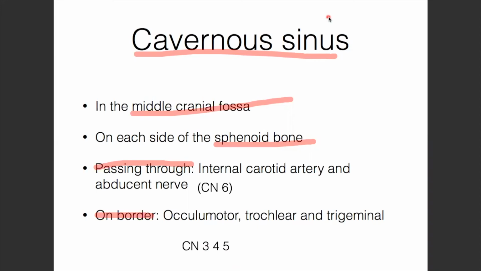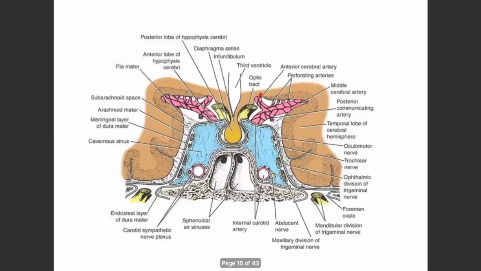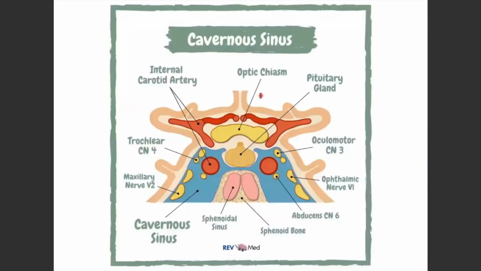Okay, keeping that in mind, let's take a better picture. This one's better. Let's look at this picture. The cavernous sinus is on this side and this side of the sphenoid bone, where the pituitary gland is. In the middle are the internal carotid and the abducent nerve. So these two structures found in the middle here are the internal carotid and the abducent nerve, nerve number 6.